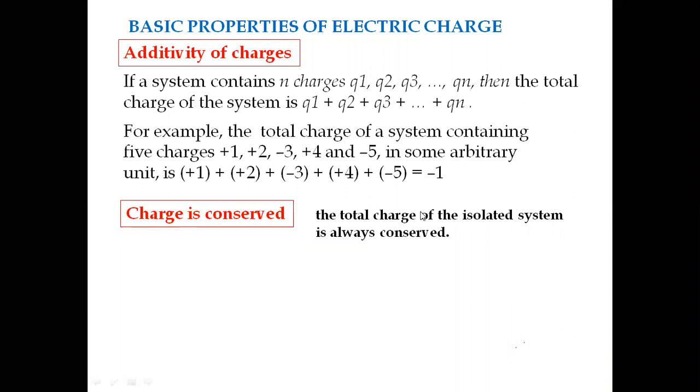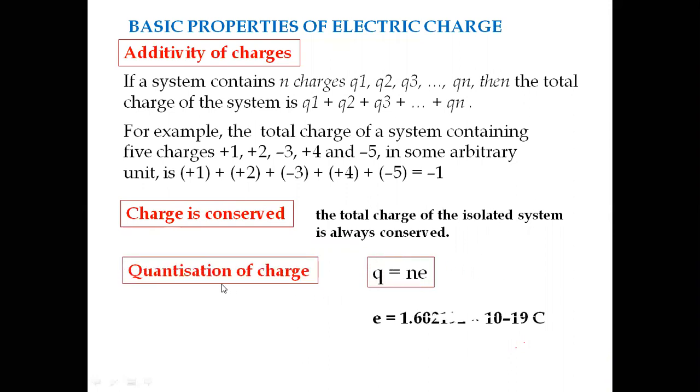The third property, a simple property but a meaningful formula, quantization of charge. Charge comes in quantized state. So it is Ne. e is a fundamental charge and its value is fixed. Whether you take a hydrogen atom, helium atom, copper atom, or uranium, all are made up of electrons and protons.